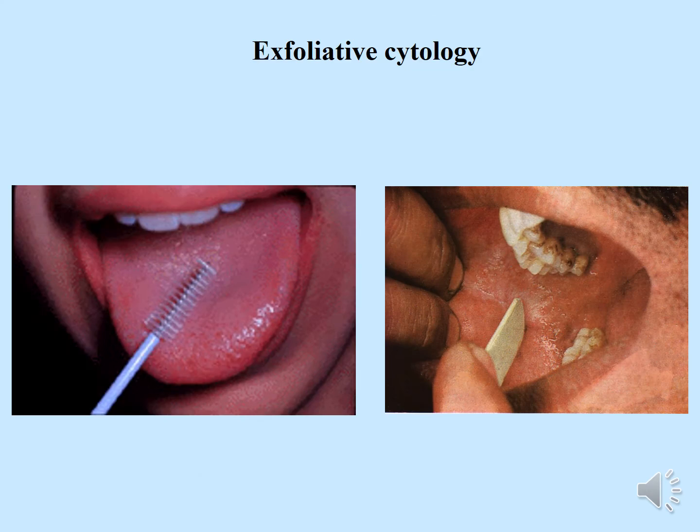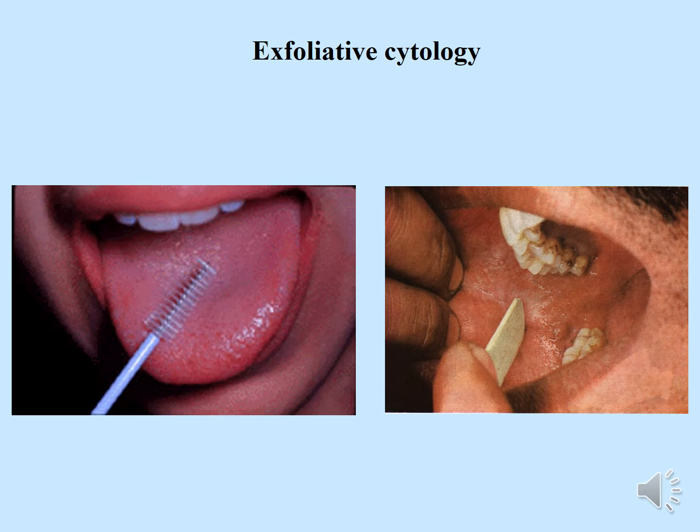Okay, so let's now look at the third type of biopsy procedure, which is called exfoliative cytology. Alright, the words exfoliative cytology and brush biopsy are used pretty much interchangeably. Okay, so basically what we do here is surface mucosal epithelial cells are scraped off.